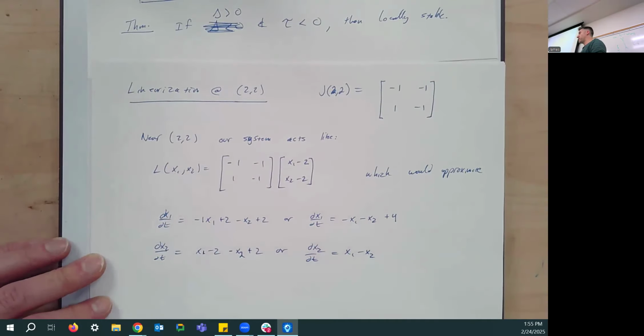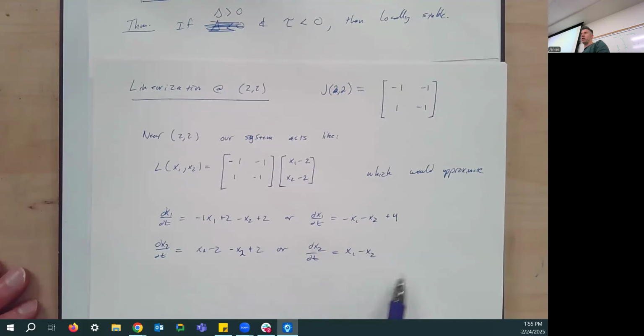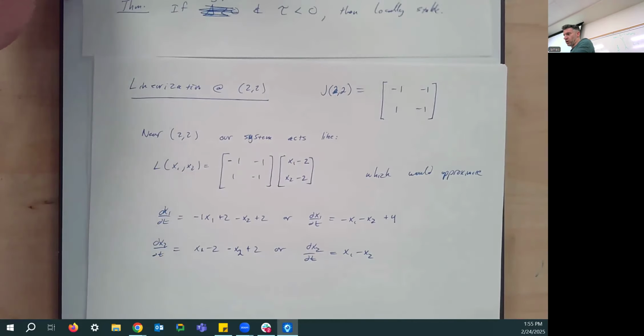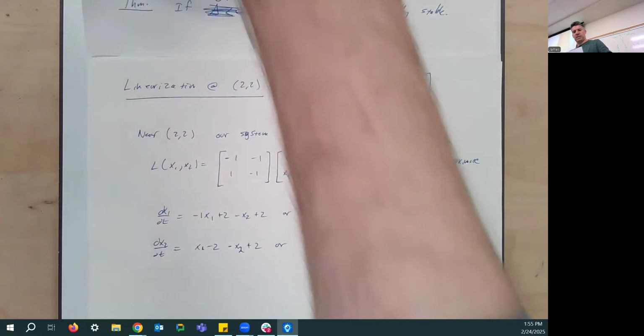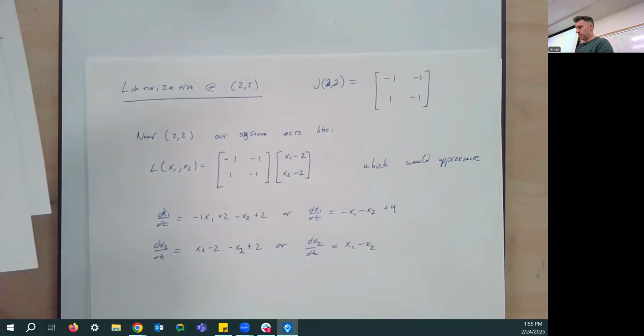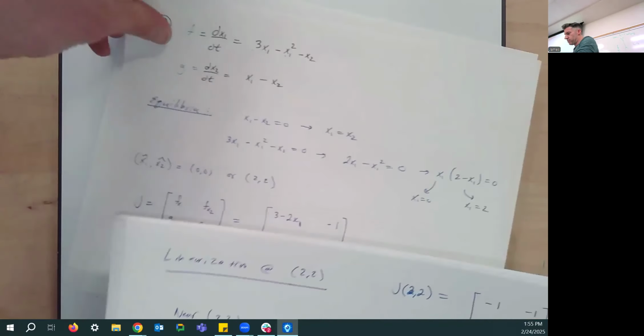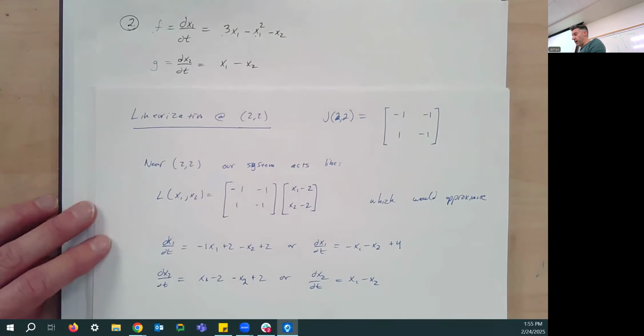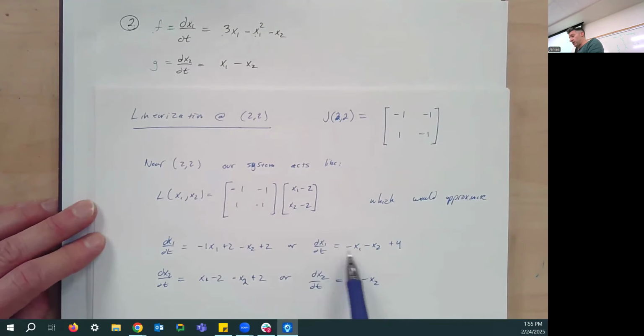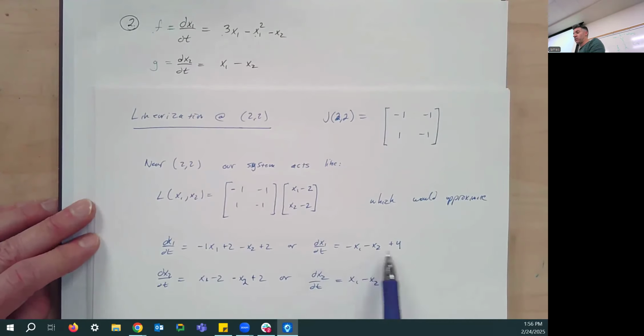Again, it shouldn't be a surprise at all that dx2/dt didn't change from the original because it was already linear. If you're linearizing something that's already linear, it shouldn't end up changing at all. So what we're saying now is that this differential equation near the point 2, 2 is approximated by the linear differential equation dx1/dt equals -x1 - x2 + 4.